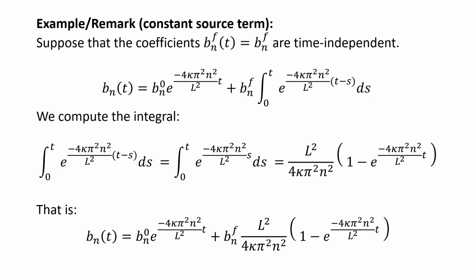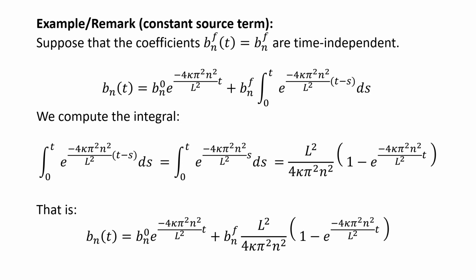And now that solution formula, again, which is valid for the case of constant data, reveals that the solution converges to a steady state as t goes to infinity. That is easily verified.